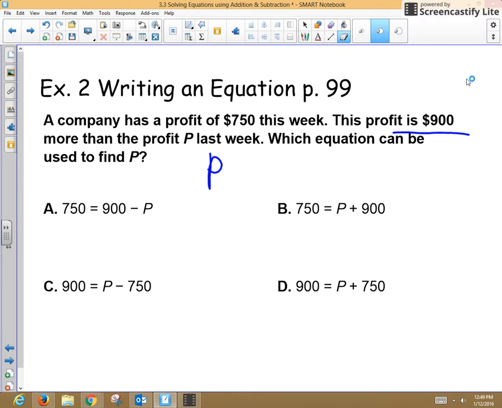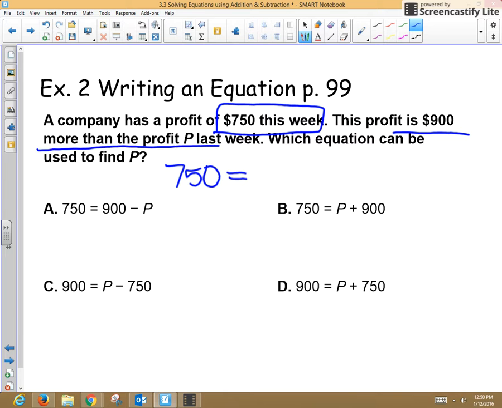So the profit this week is $750, which is stated right there in this beginning part. So $750 is equal to $900 more than what they received last week. So if we added the amount they got last week plus $900, it would equal the profit this week.